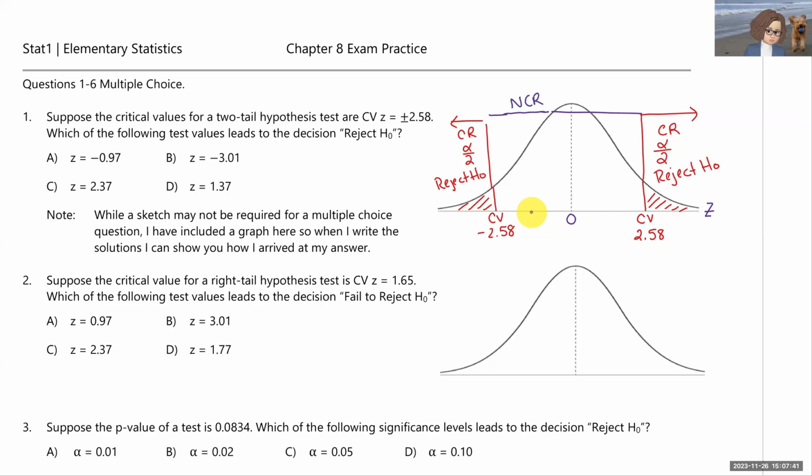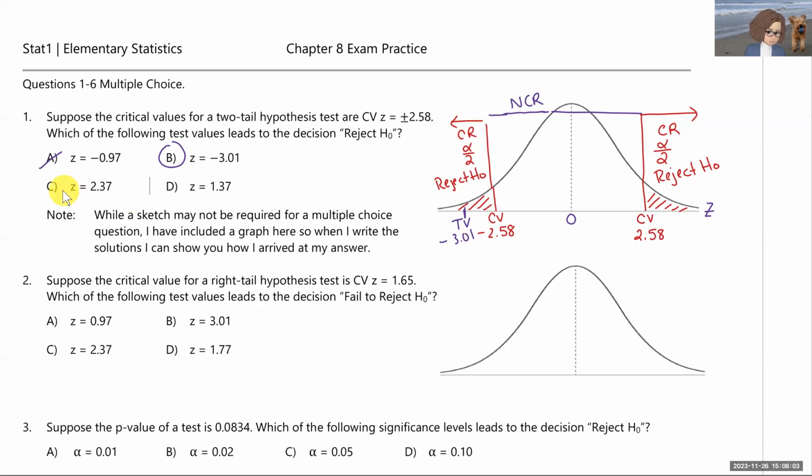So that one, we would not reject H0. And negative 3.01, yes, that one is. That one would be in that left tail, that red shaded alpha over 2 area. So that puts us in the critical region, so we would reject H0.